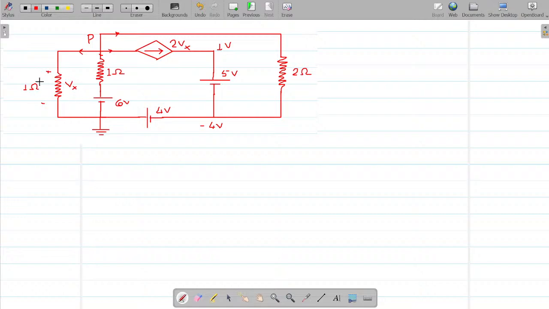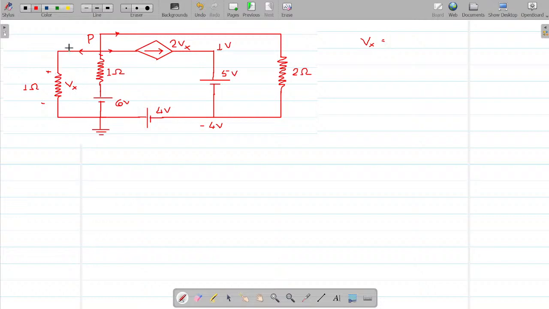So let us find out what is the potential Vx here. Can I say, what is Vx? If this is Vx, is it not equal to Vp? Vx is the potential across the 1 ohm resistor. But is this potential not equal to this?